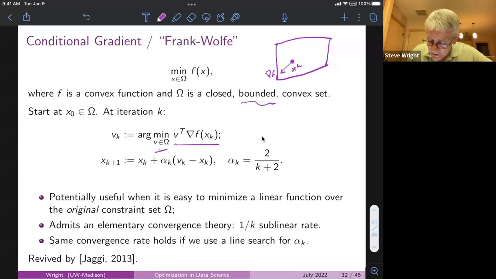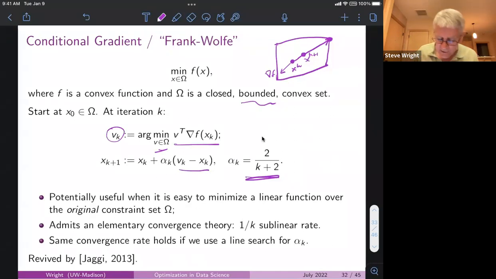So in other words, I believe we're going to end up in this corner here if I do that minimization. We call that point vk, and then we get xk plus 1 by just moving toward vk, but we don't go all the way there. We stop part of the way according to some formula. So we might stop here, and this might give us xk plus 1. And we just repeat that process.